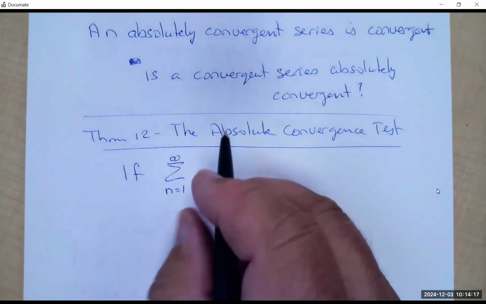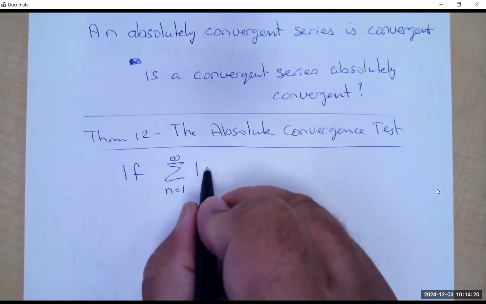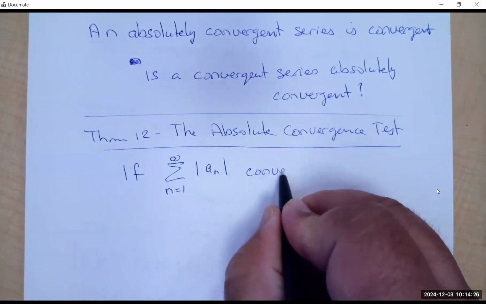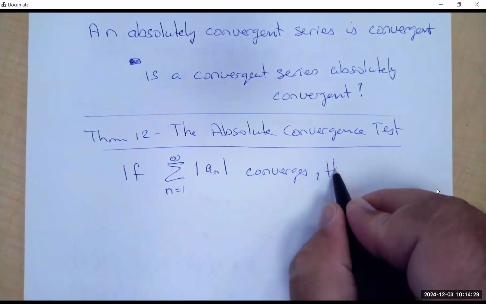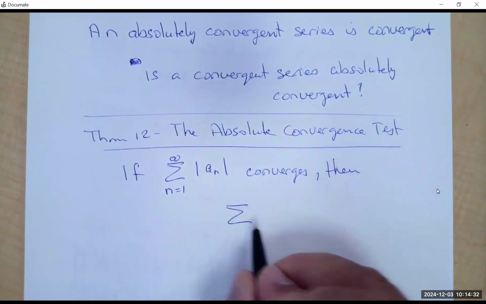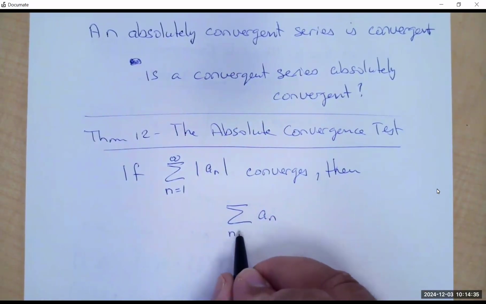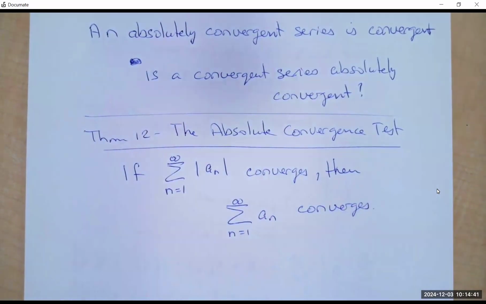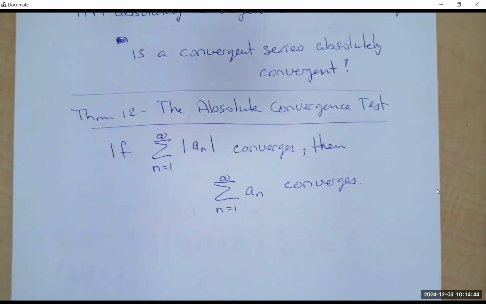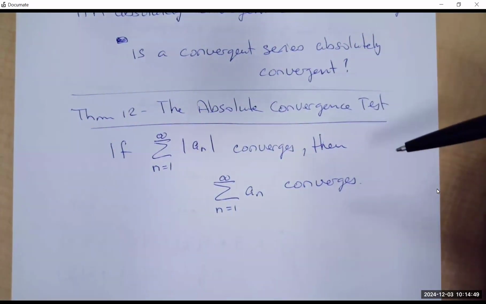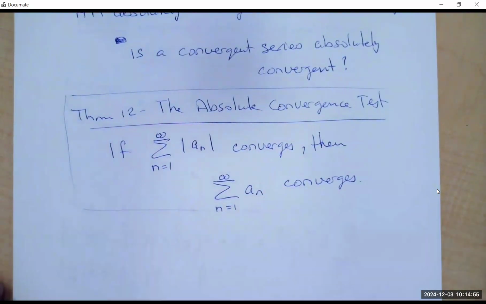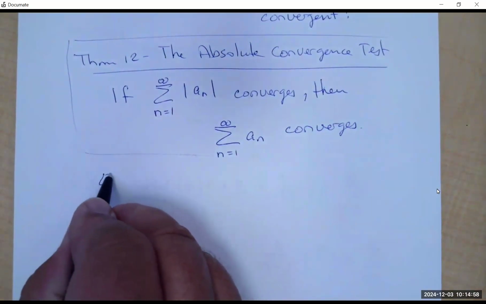If the summation, as n goes from 1 to infinity, of the absolute value of a sub n converges, then the series converges. So if the summation of the absolute value converges, then so does the series itself. That's what it means to be absolutely convergent. Let's look at an example here.